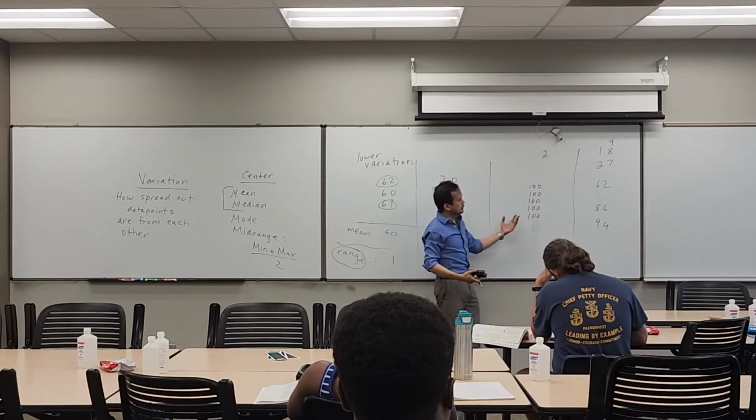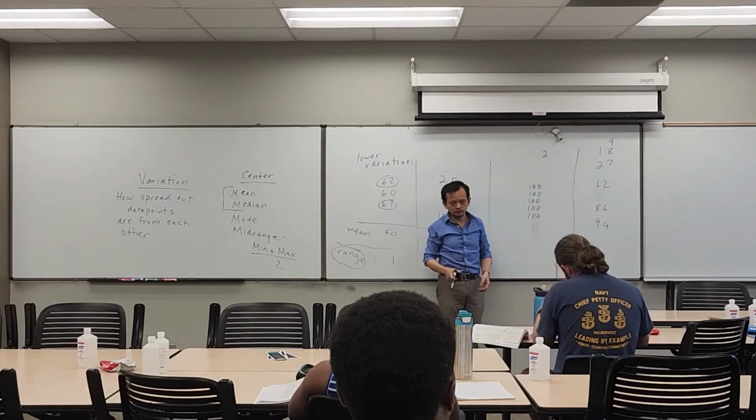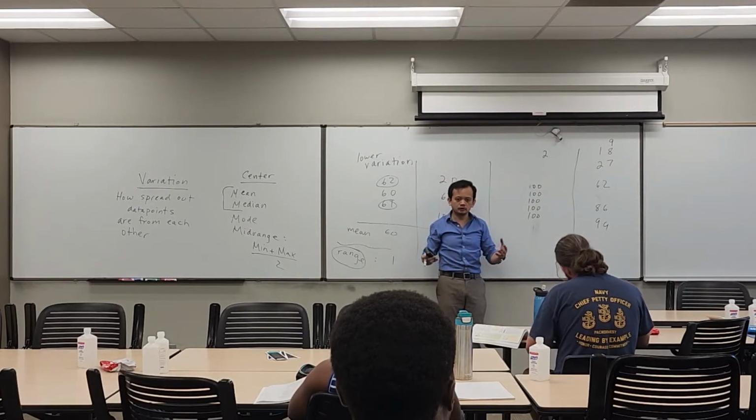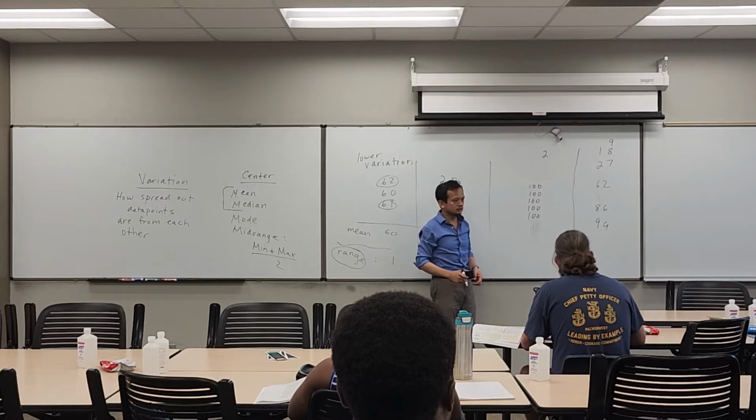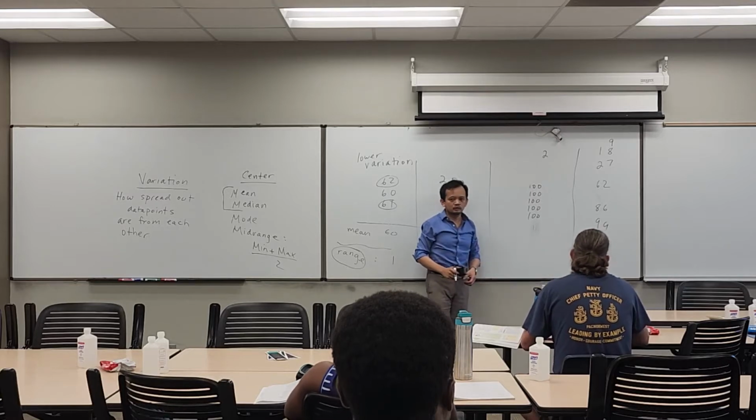And now I ask you which one you think has higher variation as a whole. So which numbers as a whole are more spread out from each other? The one on the right?